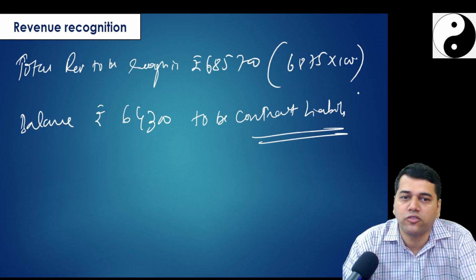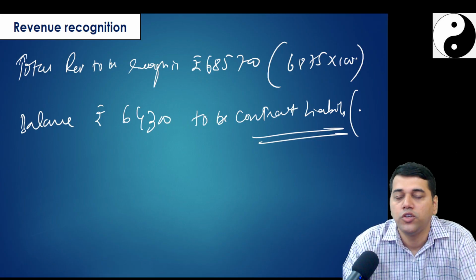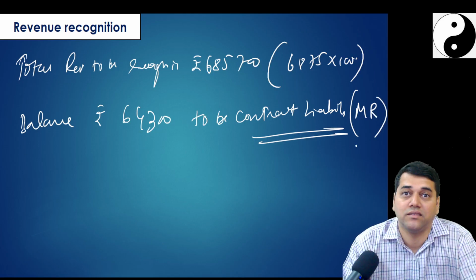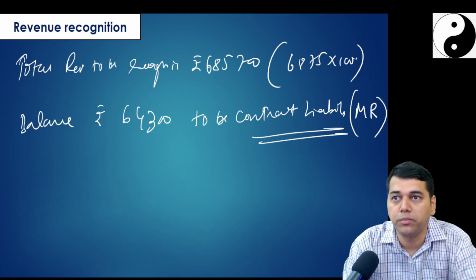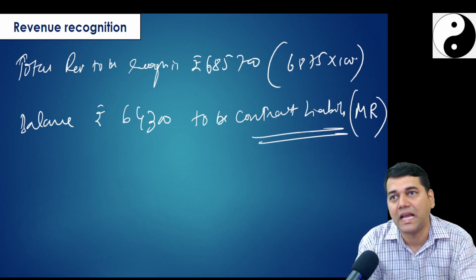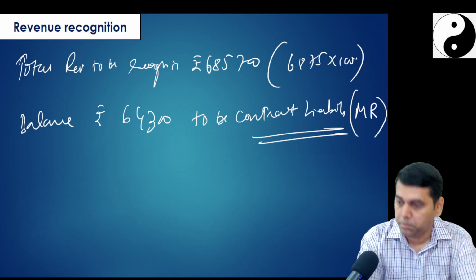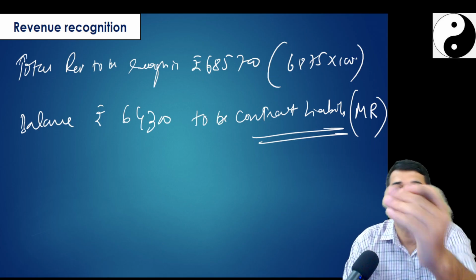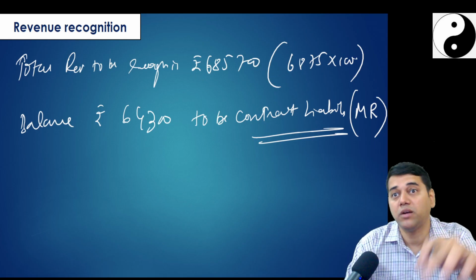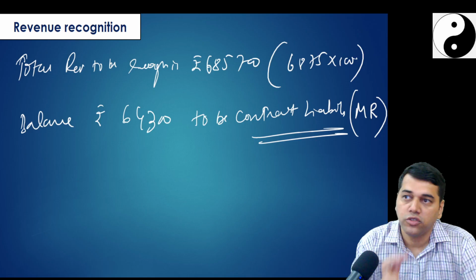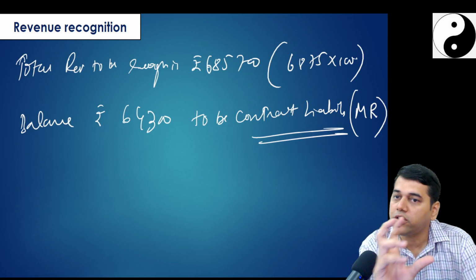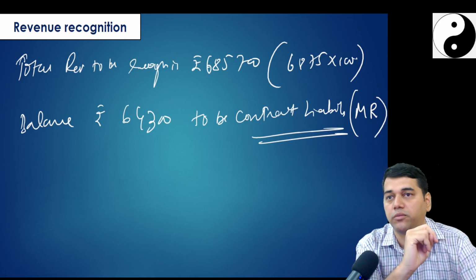Alternatively, we can say this contract liability is nothing but your material right, because later we are going to discuss when we speak about material right means I'll give you some rights based on this purchase, like discount coupons. Next time you come, I'll give you 50%, but simply you cannot get unless you have entered here. So the moment material right comes, you can alternate this answer telling that there are two performance obligations.